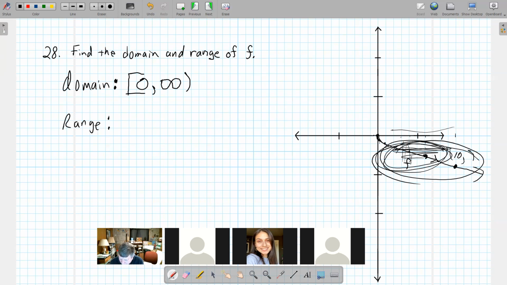And the Y values are negative. But it starts at 0. So the domain, the X values, go from 0 to infinity. But the Y values go from 0 to negative infinity, but we don't list it in that order. We list it from smallest to largest.